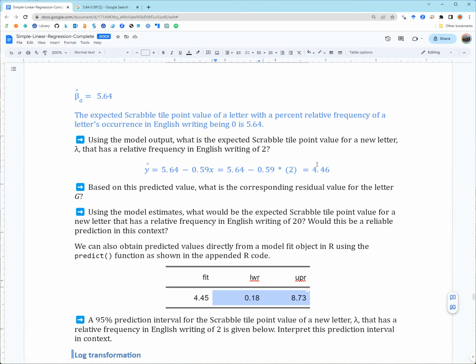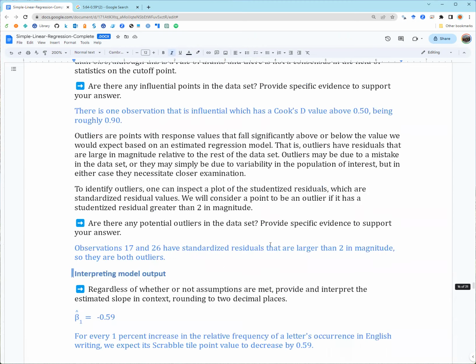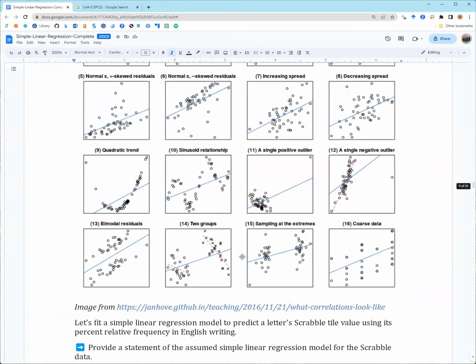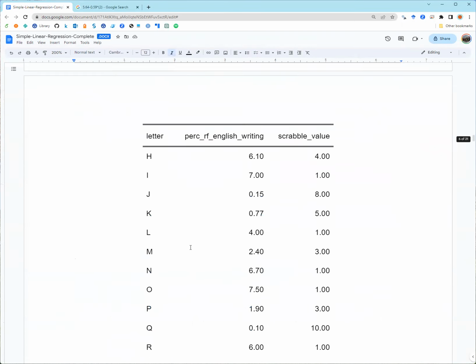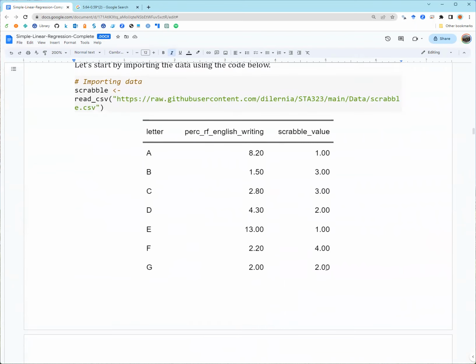So given this predicted value for a letter that has a percent relative frequency of 2, actually G, if we look at the table of data, the letter G actually has a percent relative frequency of 2. So we got a predicted value of about 4.5 points for the point value, but it's actually 2. The actual Y response value is 2.